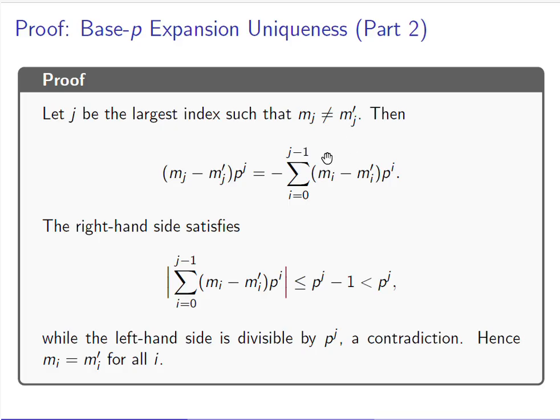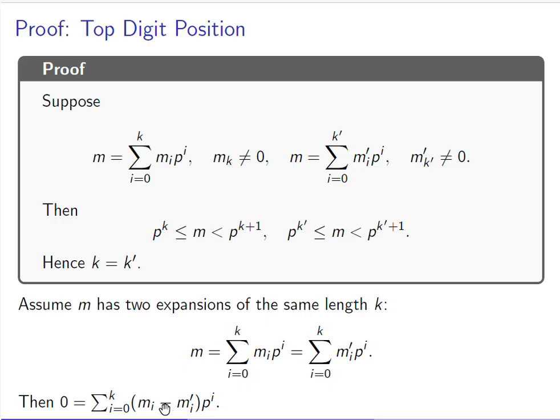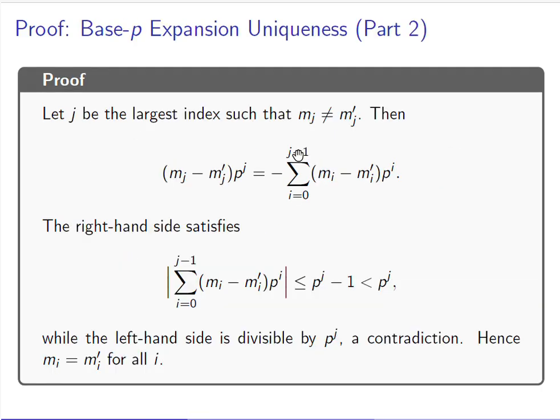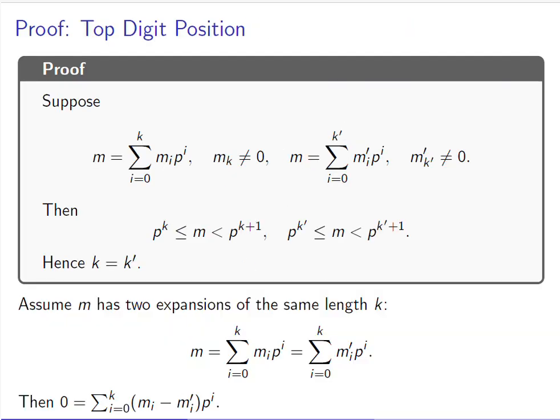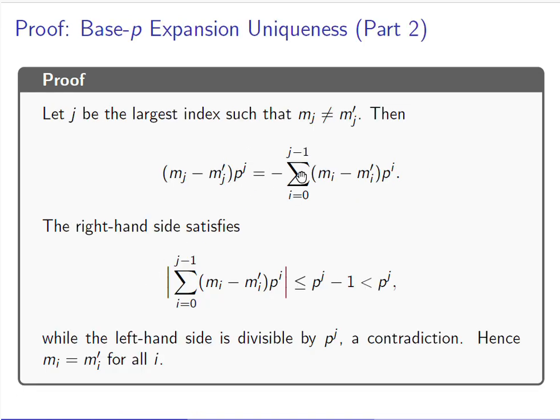So for higher indices, these are equal, so those terms will just be 0. So we take the highest j for which this is not equal, and then we move the remaining part of the sum to this side, and that gives you what you have here.